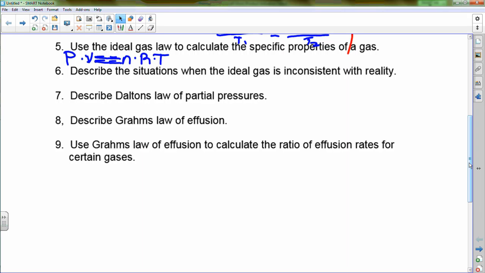Number 7, though, you should be able to describe Dalton's law of partial pressures. 1 plus 2 plus 3 equals. Pretty simple. Remember, the total pressure in a sample of gas is going to be equal to the sum of all the pressures of each of the gases.